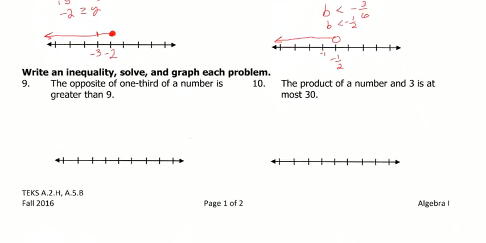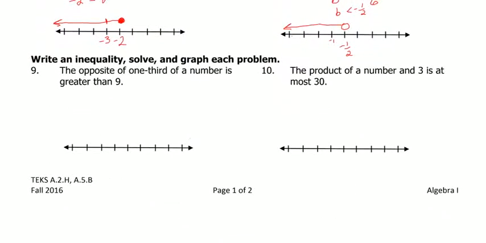Alright, it says the opposite of 1/3. Okay, so when it says the opposite of 1/3, it means negative 1/3 of a number is greater than 9. So greater than is going to be this one.